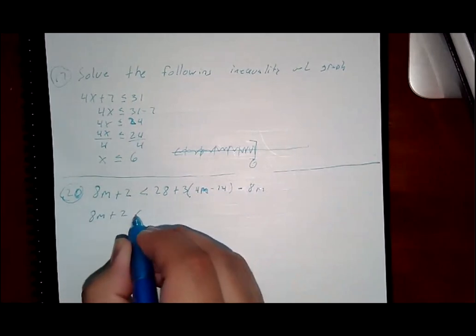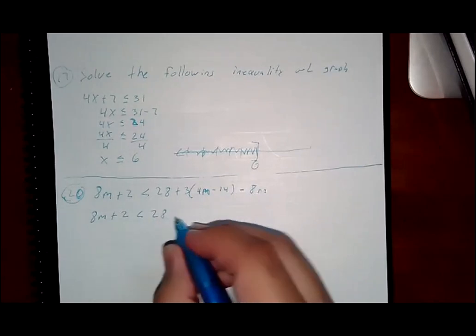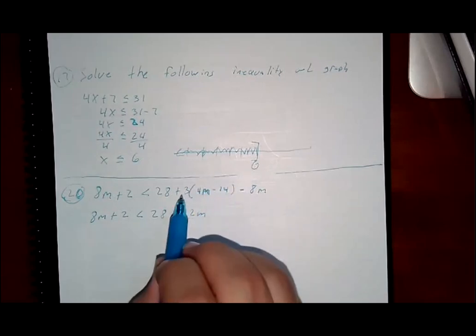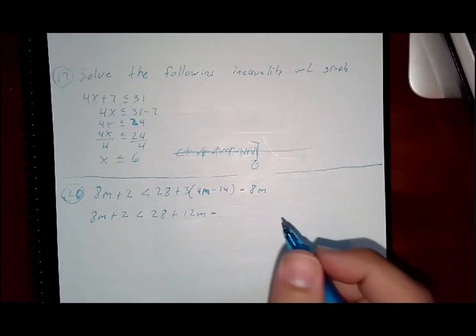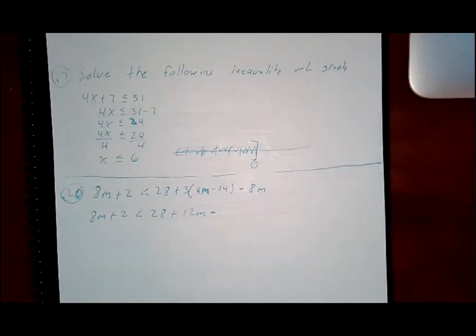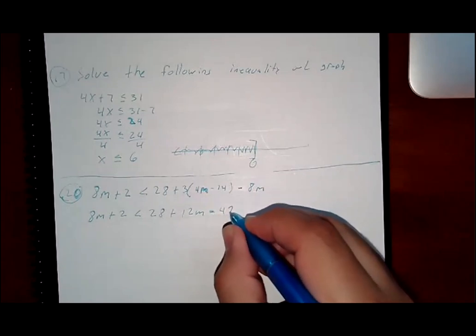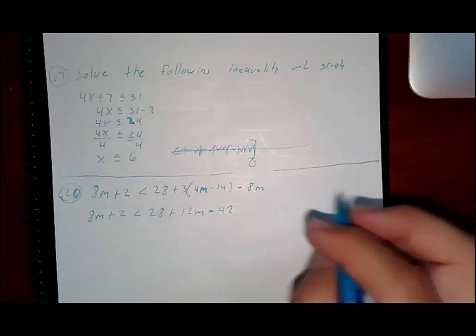Okay, distribute the 3. 28 is just going to chill there for now. 3 times 4 is 12m. 3 times 14, that would be negative 56, I think. Let me check. No, that was way off. 42. Three times, yeah, not 4 times.